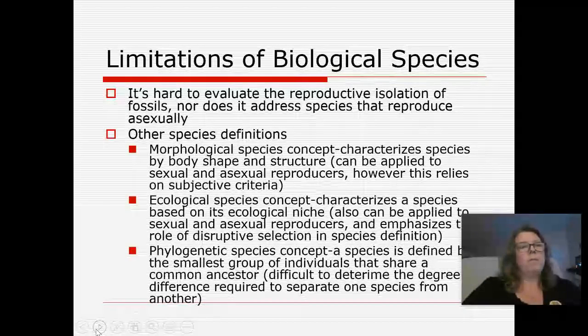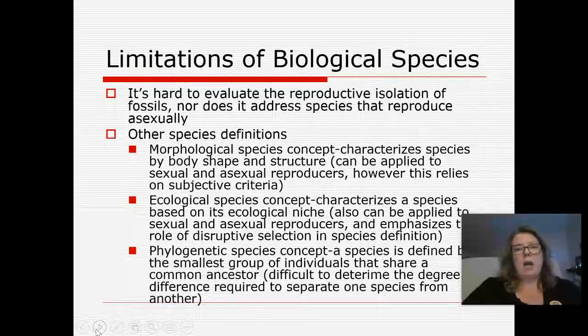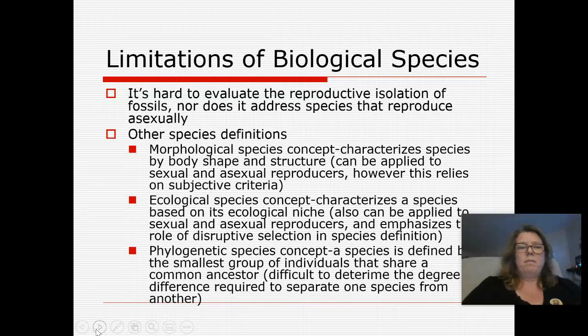There's the ecological species concept, which characterizes a species based on its niche, which is the role that it plays in its environment. But it does not in any way bring up reproduction and hybrids and sterility and things like that, which does seem to have a certain amount at play.